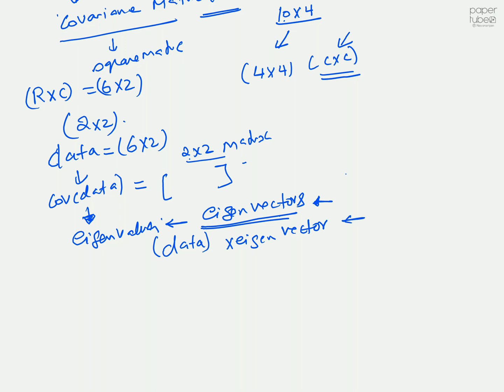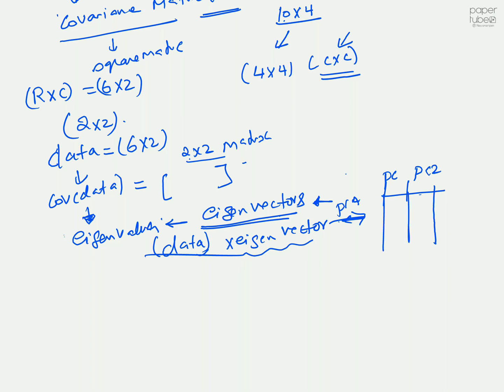So since we have 2 columns in the data, we will get 2 eigenvectors, sorry, two principal components. So data multiplied by your eigenvector, so that should transform your data into PCA space, and in PCA space you will get PC1 and PC2.